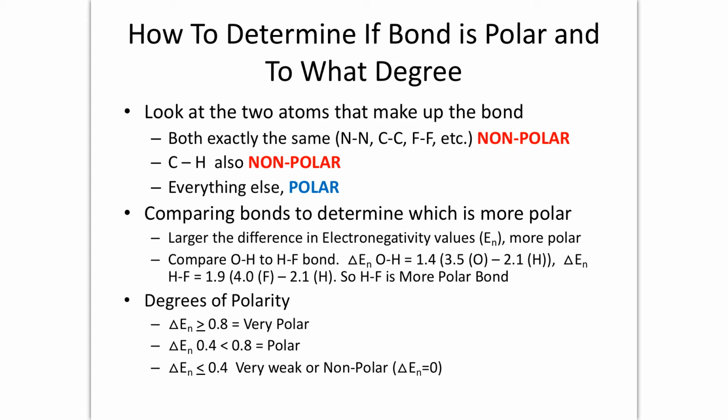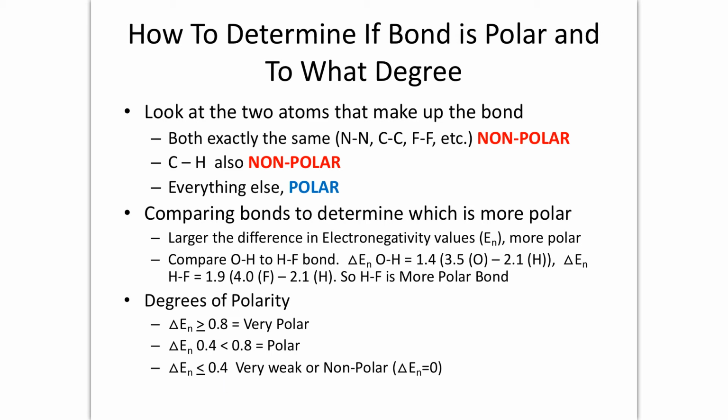You get the electronegativity difference, and for our class, if it's greater than or equal to 0.8, we're going to say it's very polar. Some people say this should be greater than or equal to 1. It doesn't matter really, as long as it's a really high number. Anywhere from 0.4 to 0.8 is going to be considered polar.